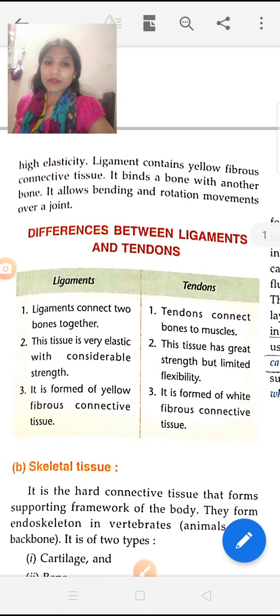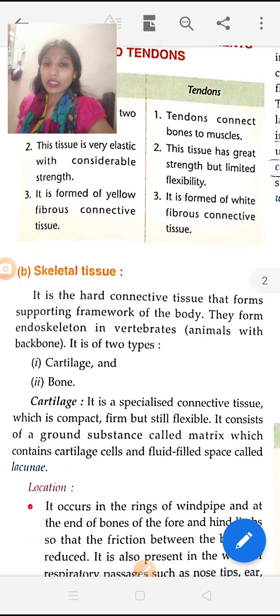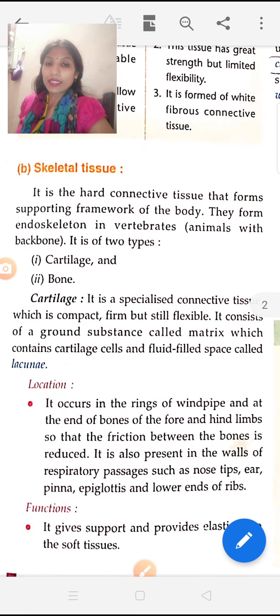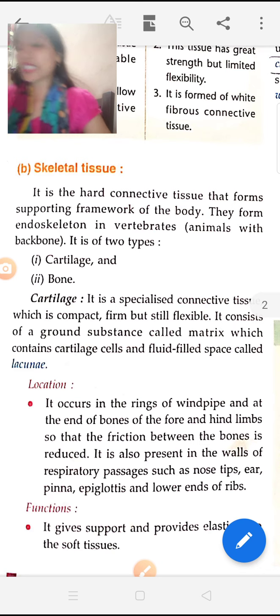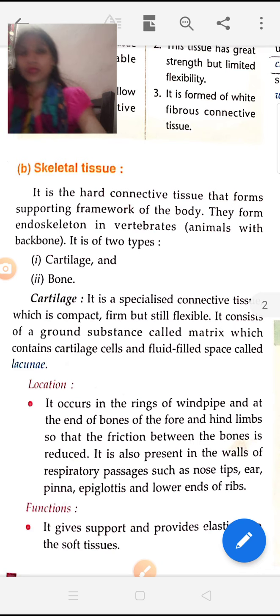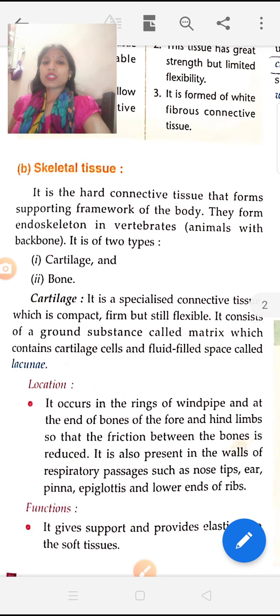So here the differences between the ligaments and the tendons, you can study from your book. Then the third is the skeletal tissue. Skeletal tissue is the hard connective tissue which forms the supporting framework of the body. They form the endoskeleton.